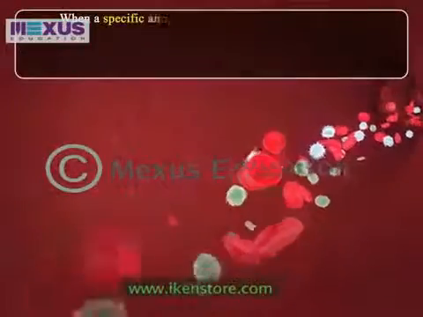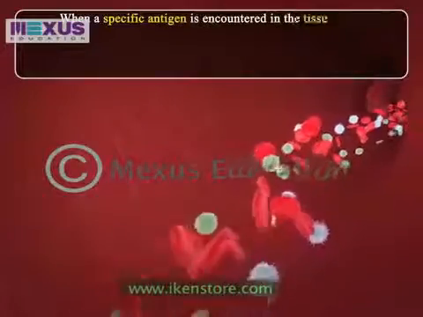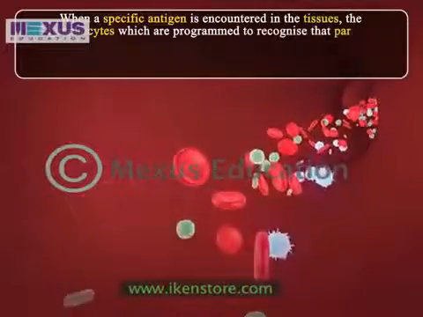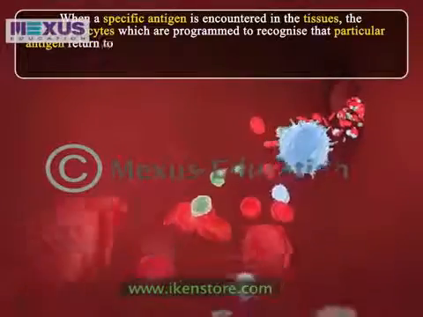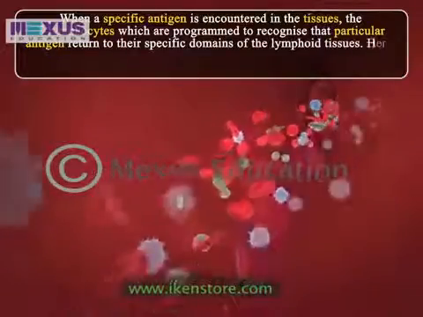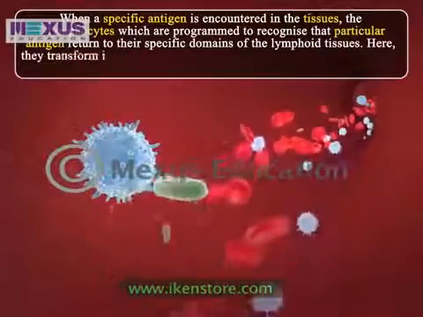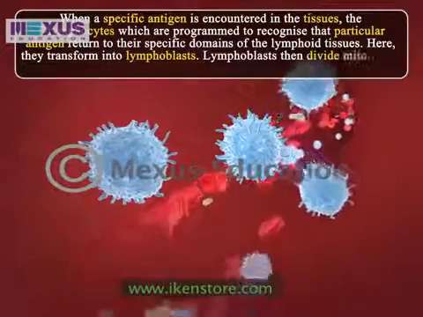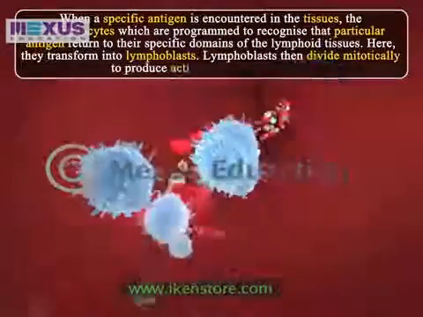When a specific antigen is encountered in the tissues, the T lymphocytes, which are programmed to recognize a particular antigen, return to the specific domains of the lymphoid tissues. Here, they transform into lymphoblasts. Lymphoblasts then divide mitotically to produce activated T cells.